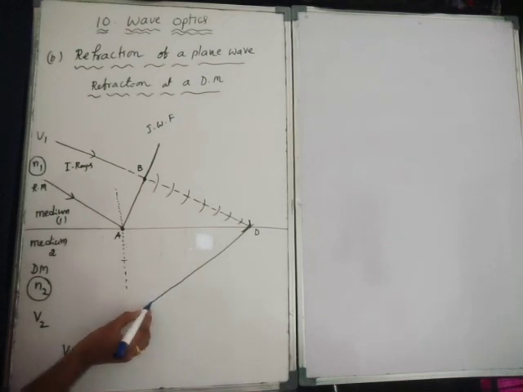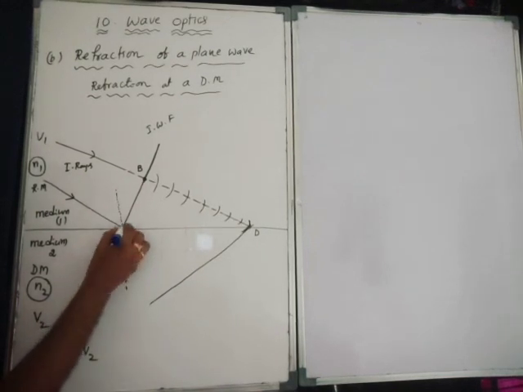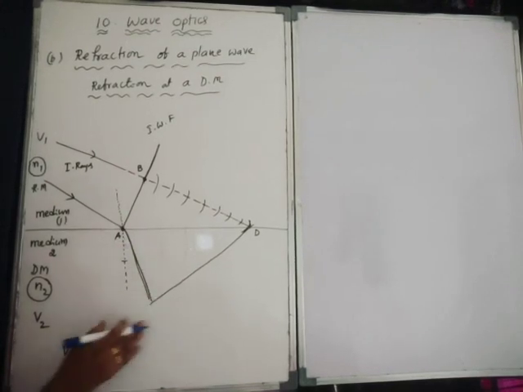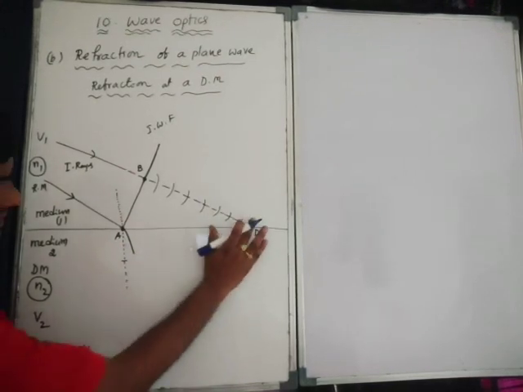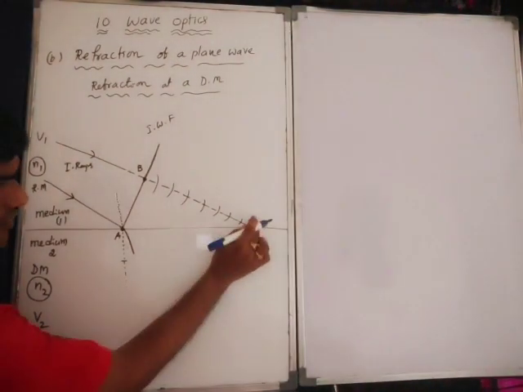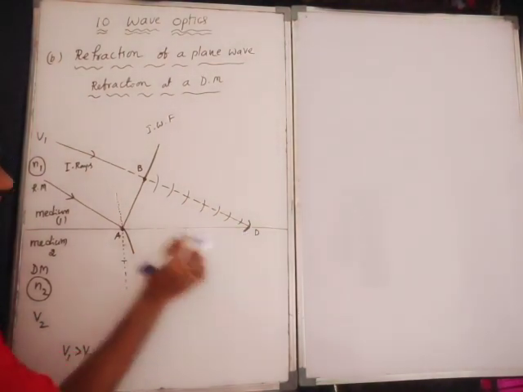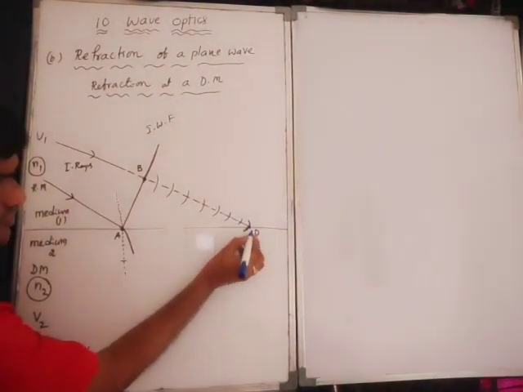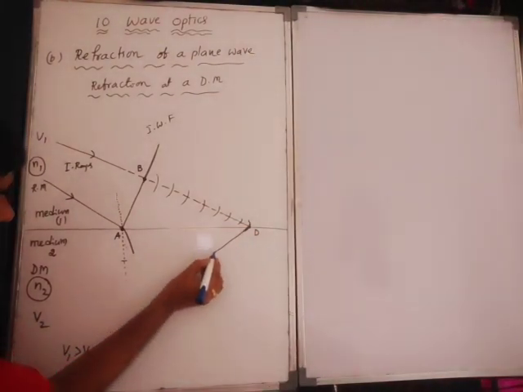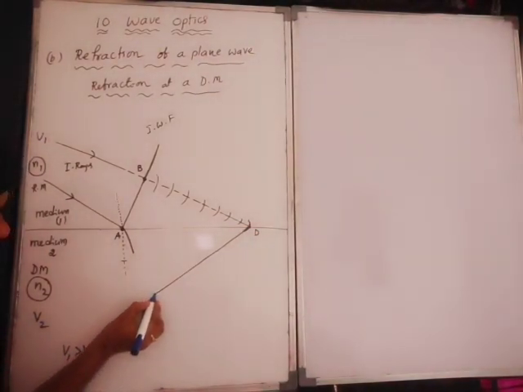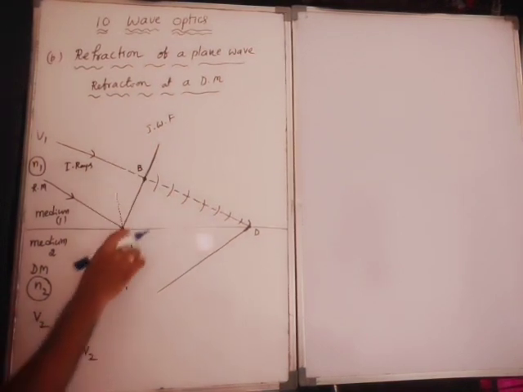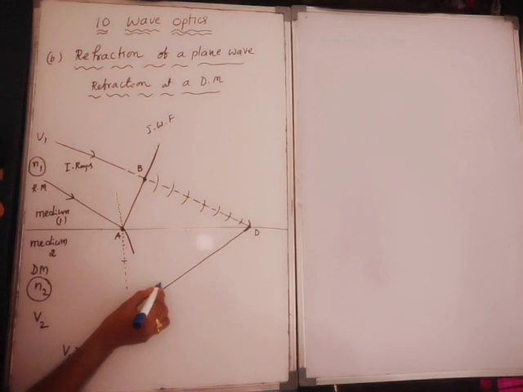Common tangent. So this is the refracting ray. This is the secondary wavelet with respect to point B. Now this is a common tangent, and we can draw the secondary wavelet from B to A. So this is the secondary wavelet.